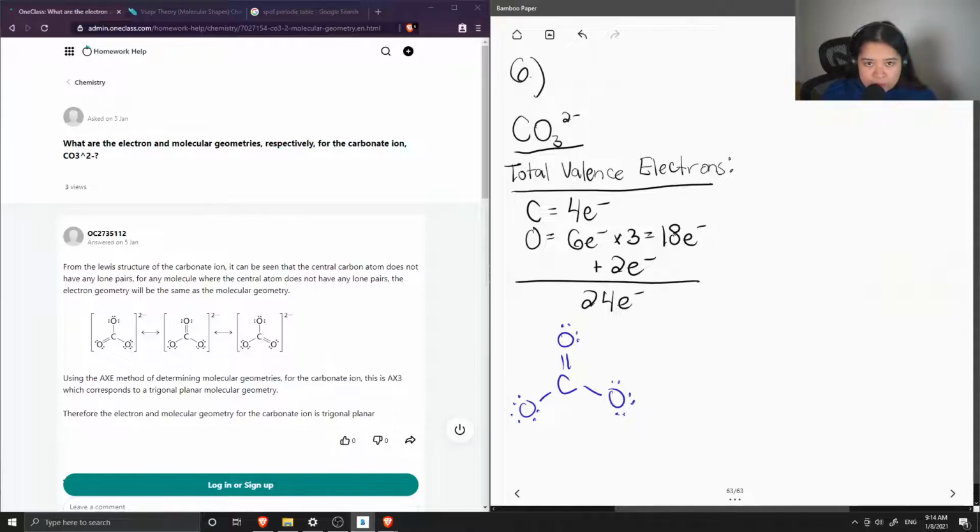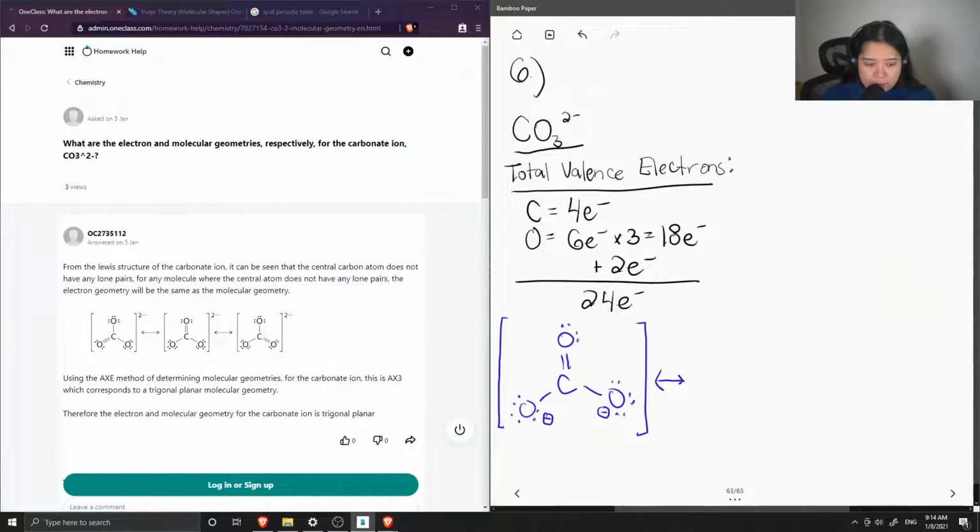So now I have my Lewis structure, and these 2 oxygens here have a negative charge. We know that this is correct because that's what we're looking for.